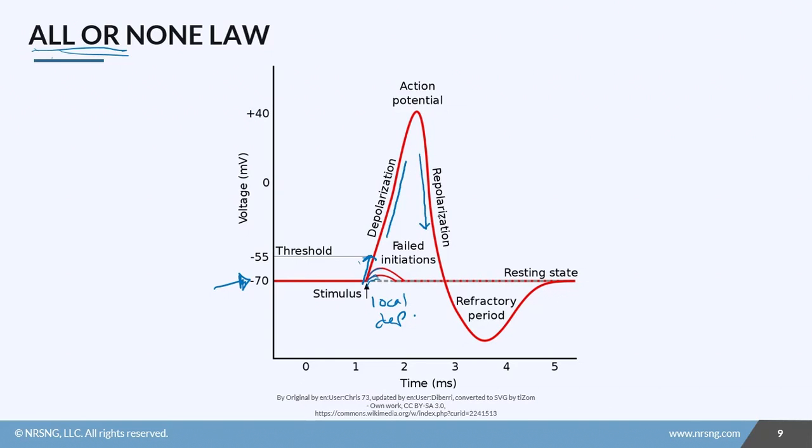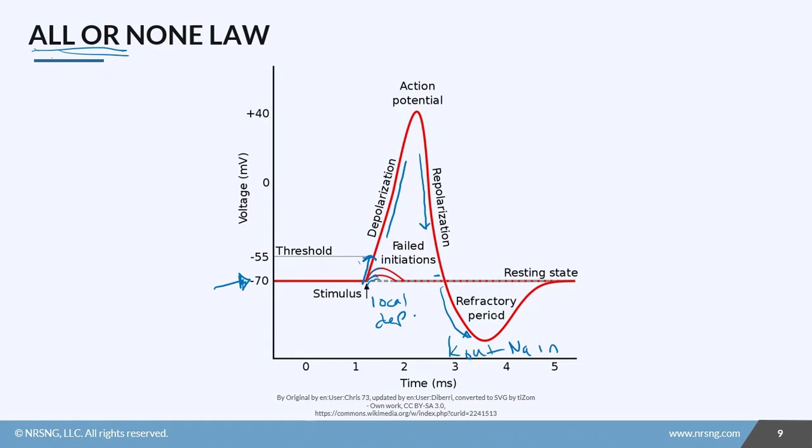That is our repolarization process. So it brings it back down towards the resting potential. But because we see more potassium out than we saw sodium in, we're going to see this hyperpolarization process where it becomes even more negative than it was.